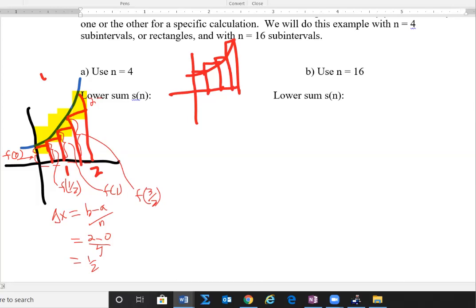Now we have our numbers, and if we want the lower sum, we just put together the product of the width of the rectangle and the height of each rectangle.